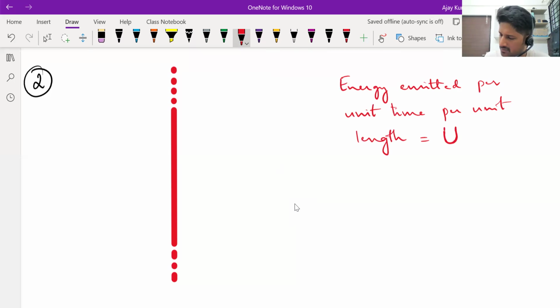See, the total length of this source is infinite, no? So the total energy per unit time will be infinite, but per unit length, there will be a fixed amount of energy being emitted per unit time. And I'm asking you to calculate the intensity at a distance x from it.